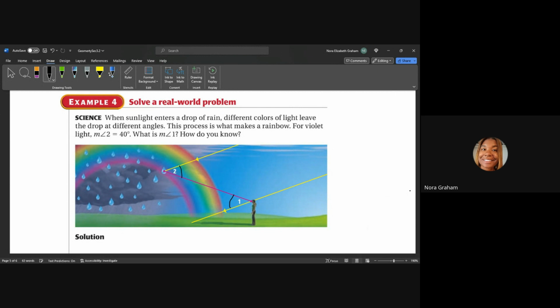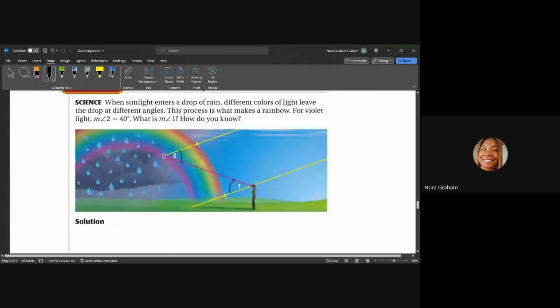For this one, I can verbally explain it. If you notice that both of my yellow lines have the indication that they are parallel, then since these lines are parallel, I can look at this pink line as a transversal. It cuts through both of them, and when it does, it makes angles. And these angles right here, from our theorems and definitions above, are alternate interior angles.